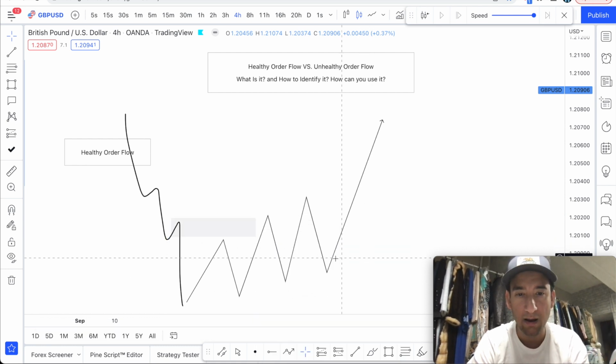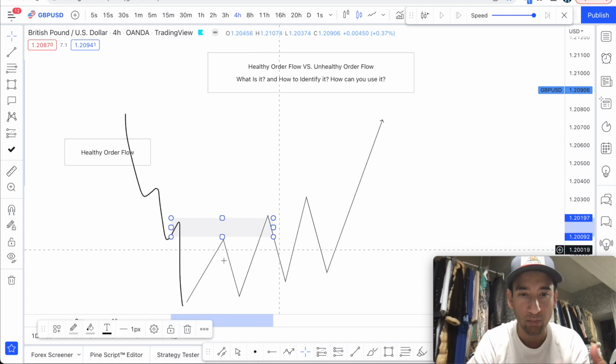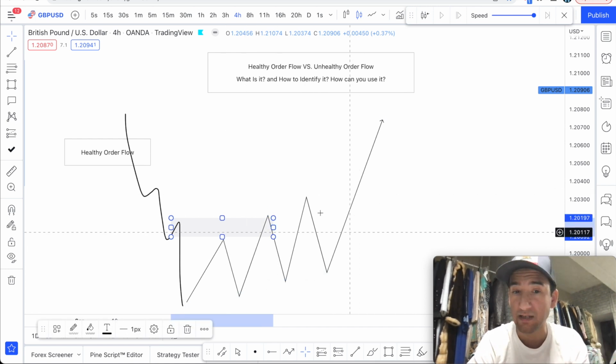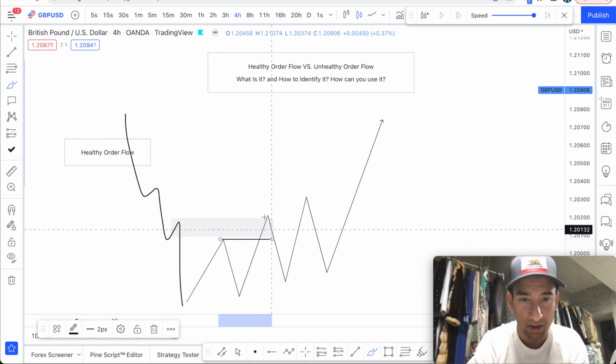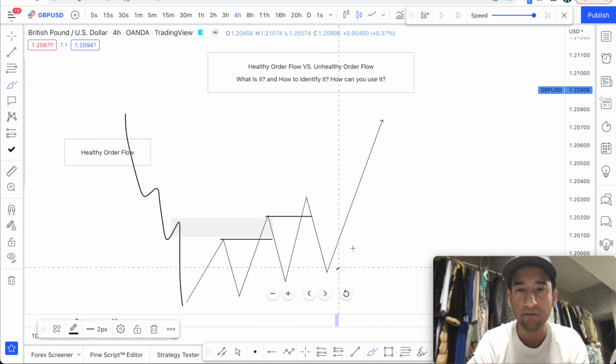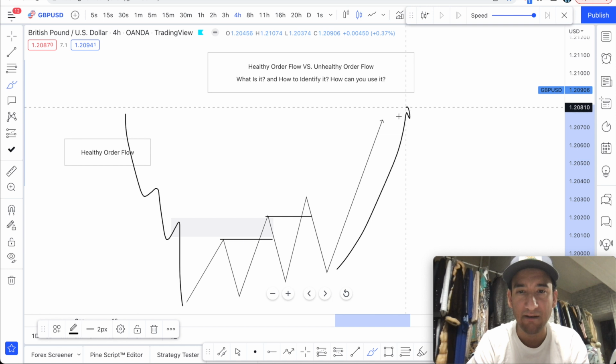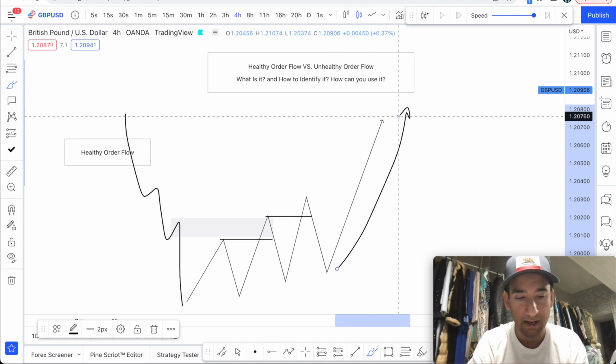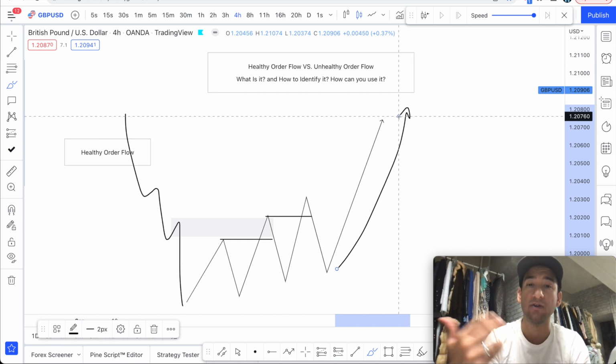And then what we're essentially looking for is at least 2 or 3 breaks of structure in the market. As you can see, it is shown here. There's 1, 2 breaks, right? And after the second break of structure, or the third break of structure, we're looking for price to fully extend to the upside. The reason for that is that this is healthy order flow, a good indication for us that price is intending to push higher and faster.